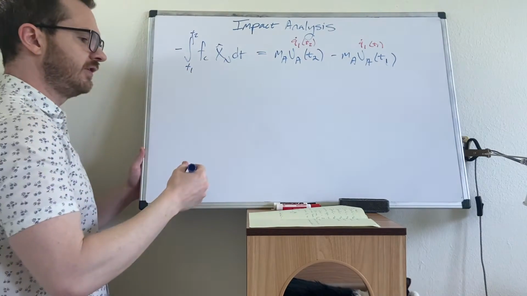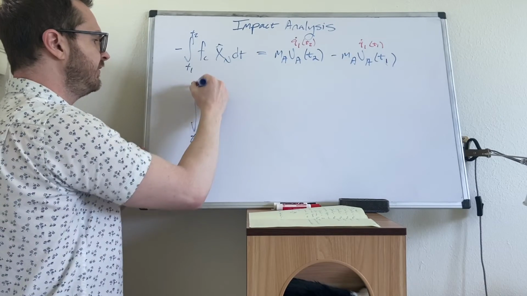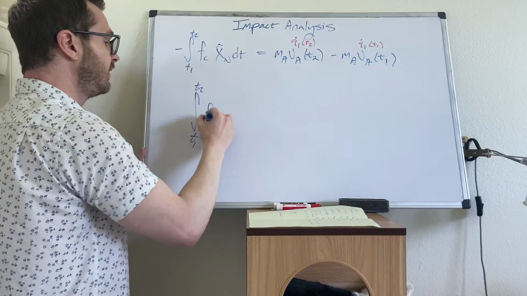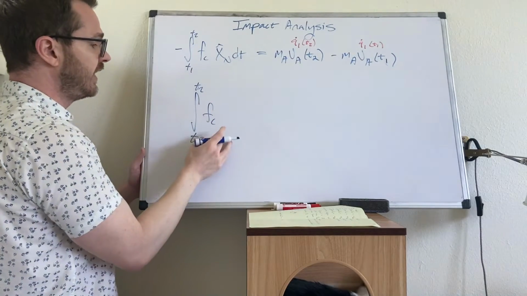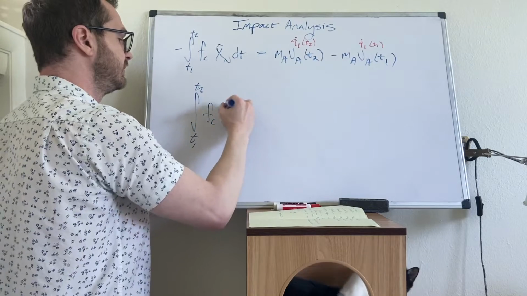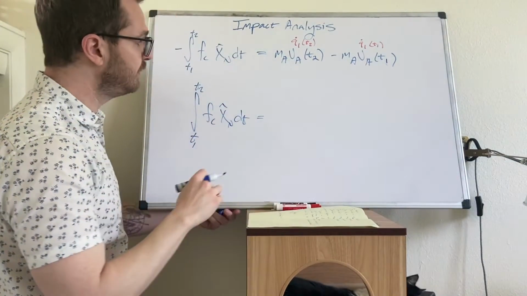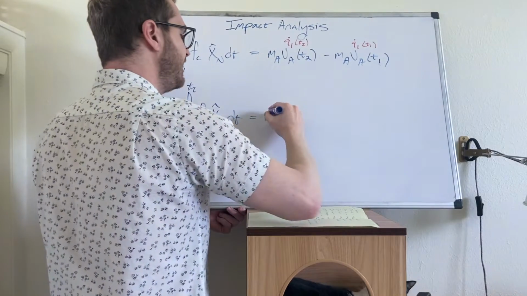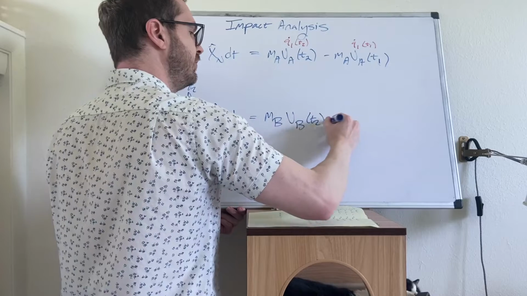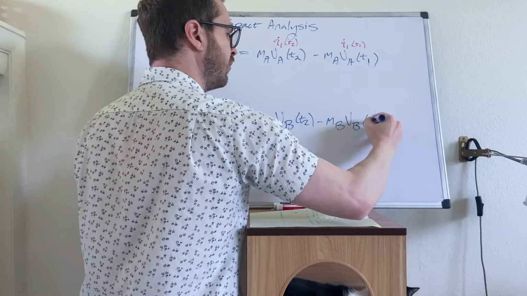What about compression phase for body B? Integral. It's over the same time period, T1 to T2. It's the same force, Fc. It's now acting in the positive x hat n direction, dt, and of course the right-hand side, mb vb at time 2 minus mb vb at time 1.